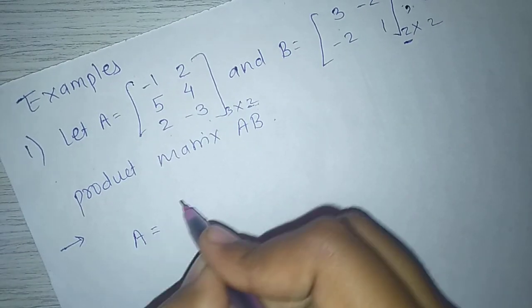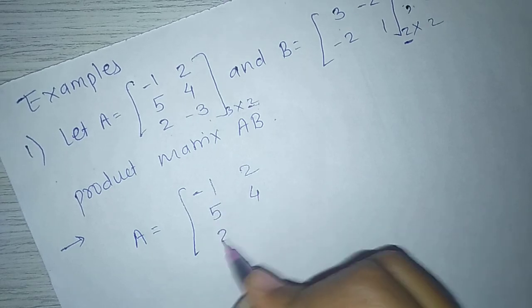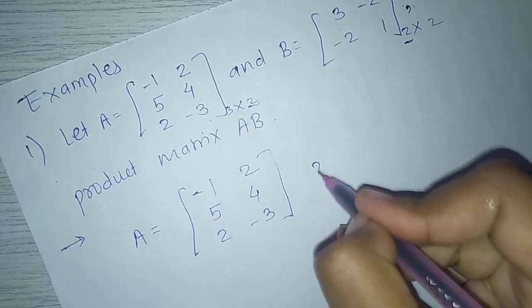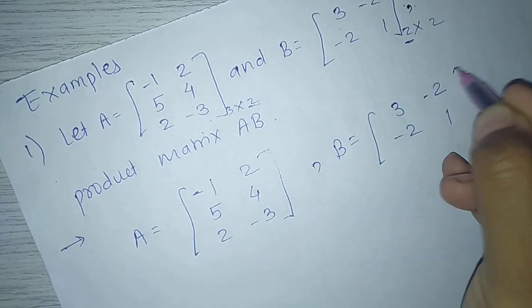Here A equals the matrix with rows -1, 2; 5, 4; 2, -3 and B equals the matrix with rows 3, -2; -2, 1.